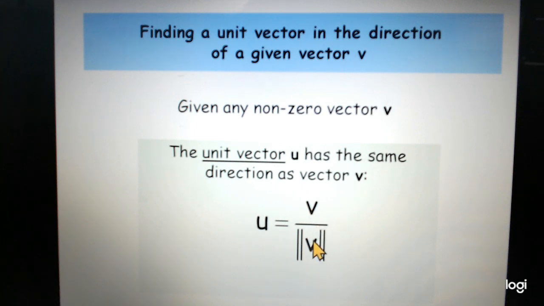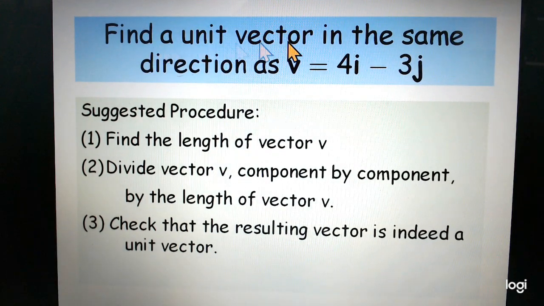Okay, very simple. So let's do an example. Find a unit vector in the same direction as vector v. First of all, we find the length of vector v, which is the magnitude. Length means magnitude here. And we divide vector v component by component. We divide this part of it and this part of it by the length.